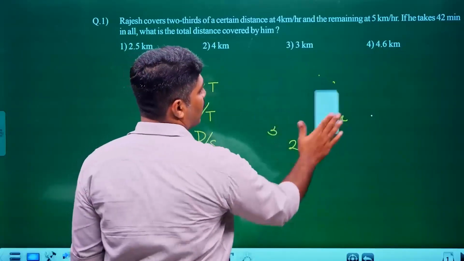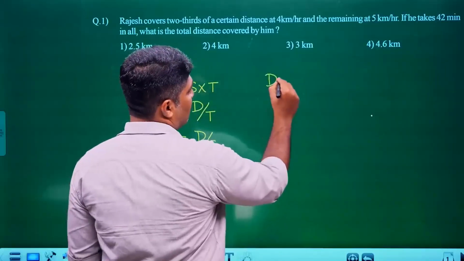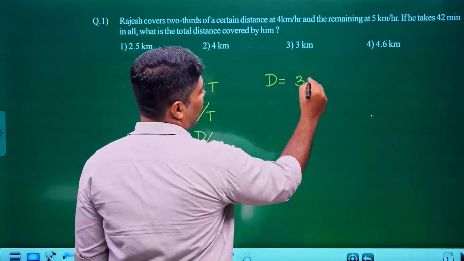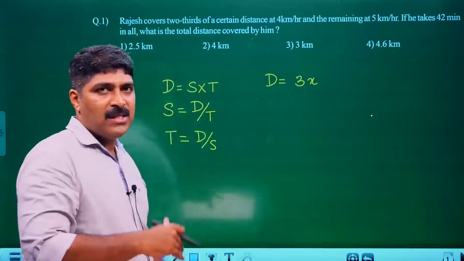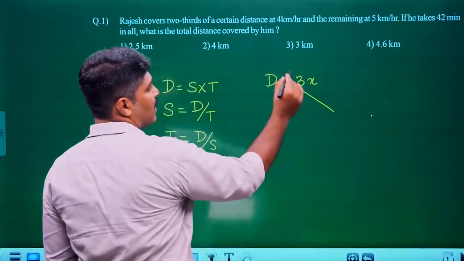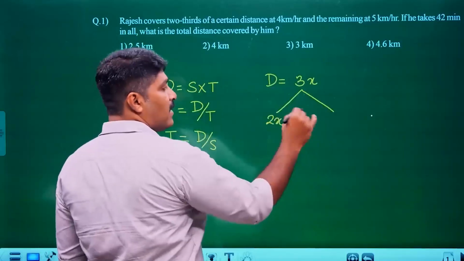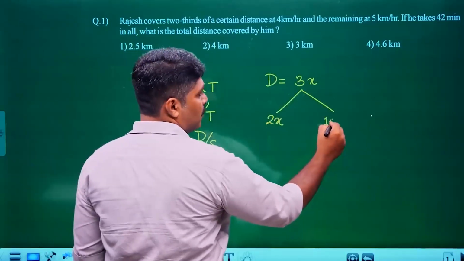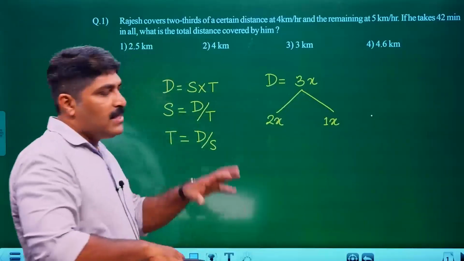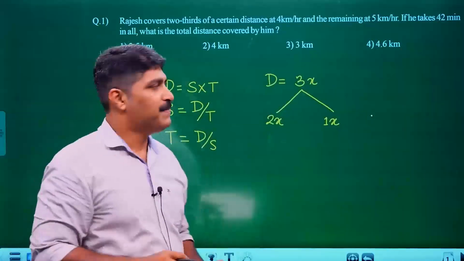Instead of this kind of calculation, we consider the total distance as 3x. Then we can split these distances: the first part, 2/3 of 3x, is equal to 2x, and the remaining part is equal to 1x. Don't forget, 3x is the total distance.